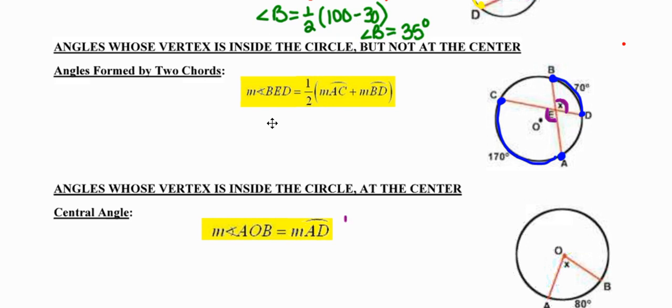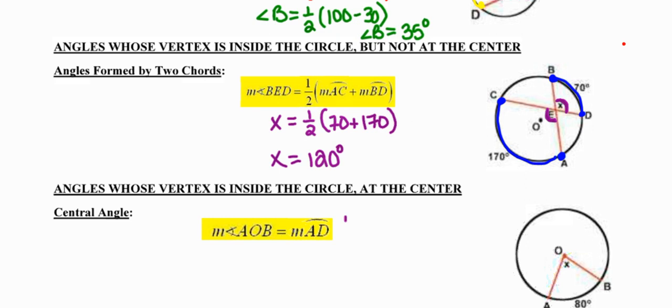So in this picture, the measure of angle X is going to be equal to half the sum of the two intercepted arcs, 70 and 170, making the value of X 120 degrees.